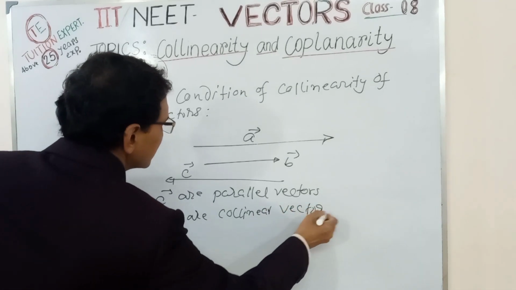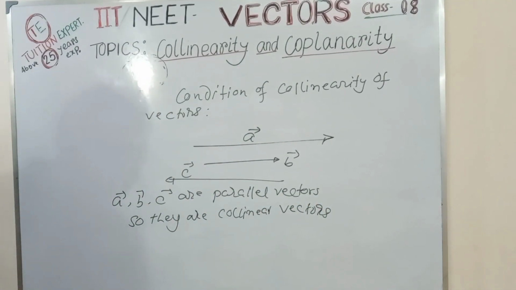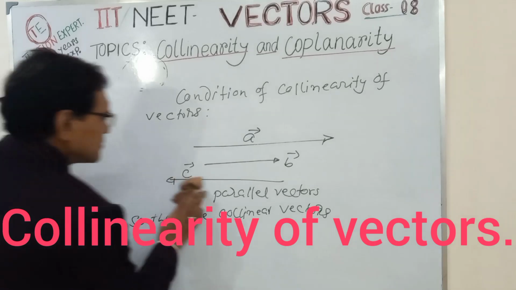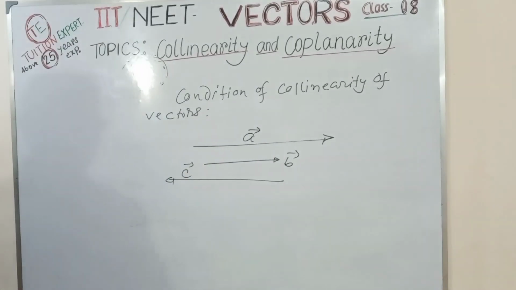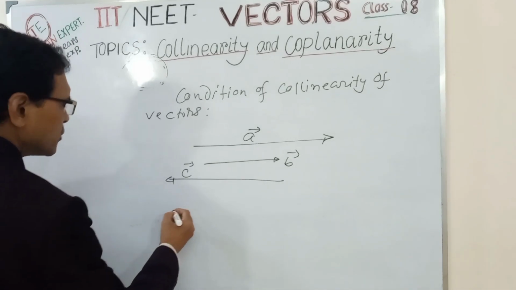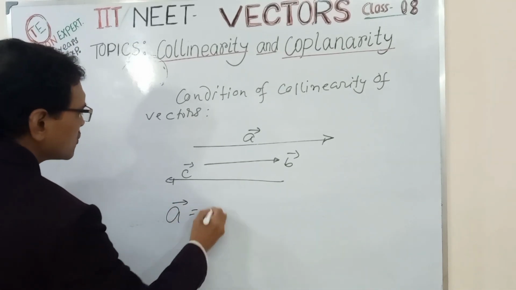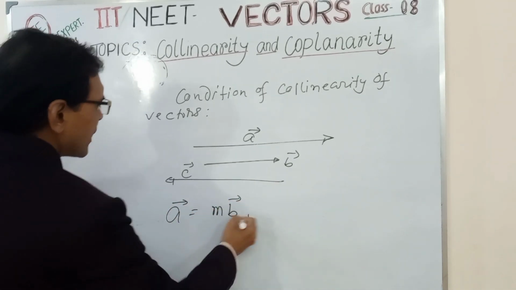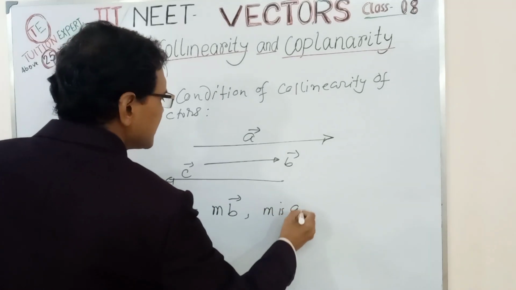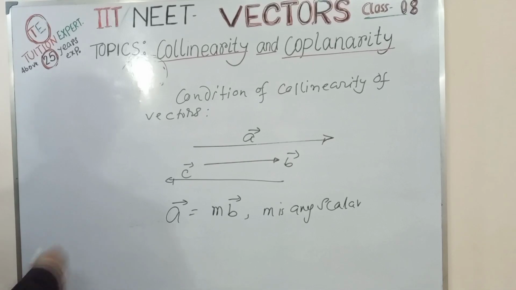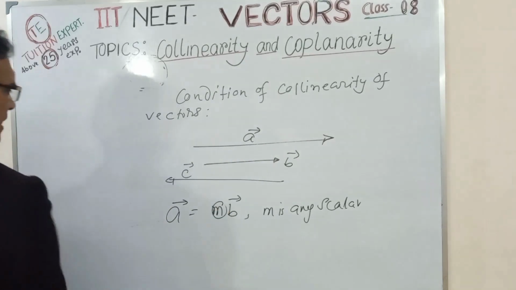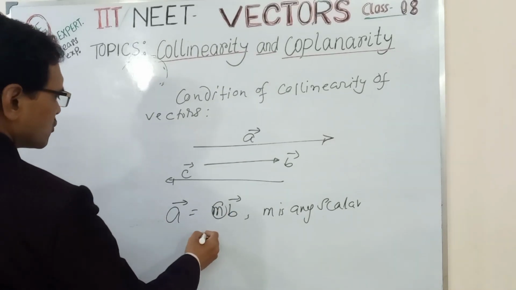Okay. Now what is the condition of collinearity? We can write A equal to M B, where M is any scalar. Suppose A is double of B, then we can write M equal to 2.